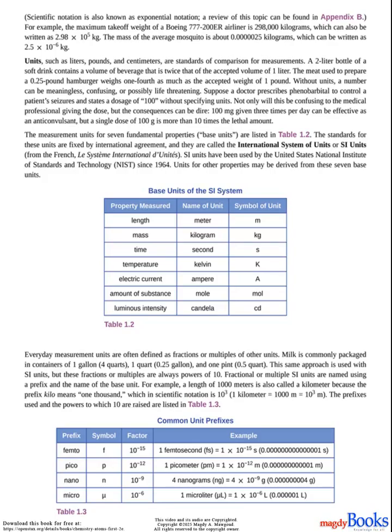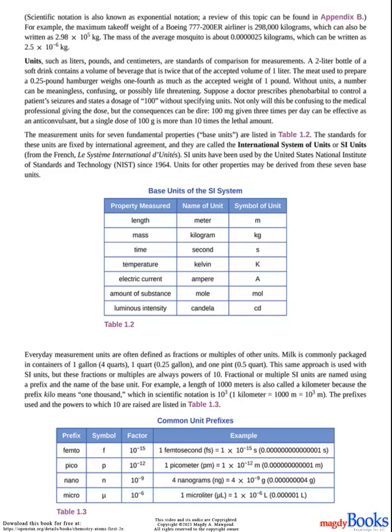Common unit prefixes. Prefix, symbol, factor, example. 1. Femto, f, 10 to the power of negative 15. 1 femtosecond, fs, equals 1 multiplied by 10 to the power of negative 15 second. 2. Pico, p, 10 to the power of negative 12. 1 picometer, pm, equals 1 multiplied by 10 to the power of negative 12 meter. 3.